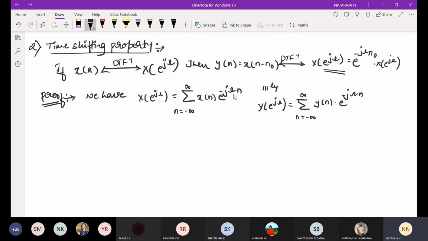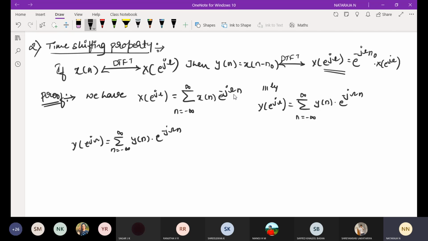Next, I will consider this y of e power j omega equation: y of e power j omega equal to summation n equal to minus infinity to infinity y of n into e power minus j omega n. For this equation, what is y of n in the definition? x of n minus n naught.